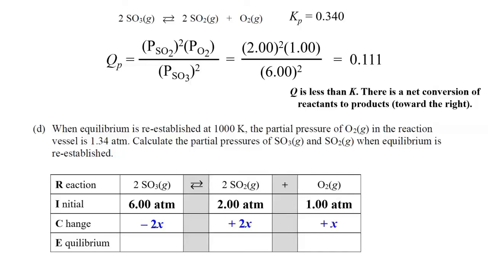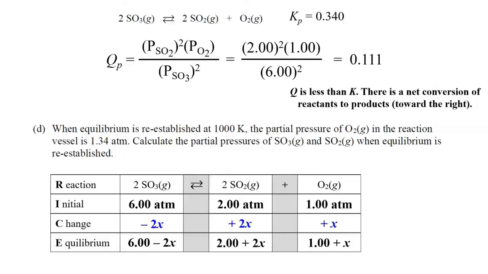Because the coefficients from left to right are 2, 2, and 1, the magnitude of the change is 2x, 2x, and x from left to right. So SO3 is going to decrease. At equilibrium, whenever it's reestablished, it's going to be 6 minus 2x. SO2 is going to increase. At equilibrium, when that's reestablished, it's going to be 2 plus 2x. And then O2 will also increase. It's going to be 1 plus x.